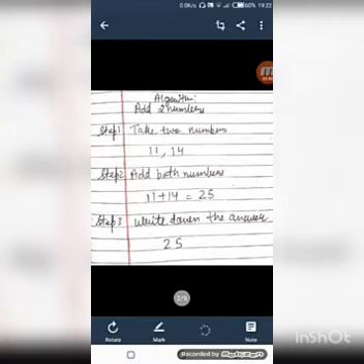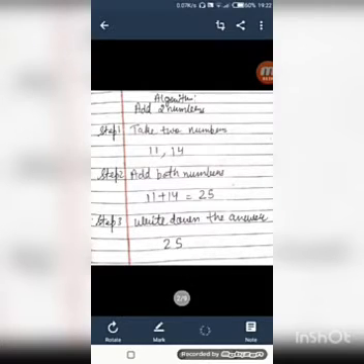Then what will I do? In step 2, I will add both numbers. 11 plus 14 is equal to 25. And what will be my third step? Write down the answer. So my answer is 25. This is the step-by-step process. Any kind of solution we find, we just have to write it into steps.